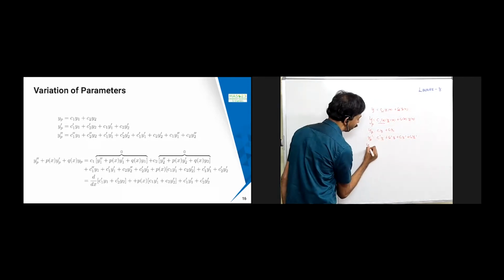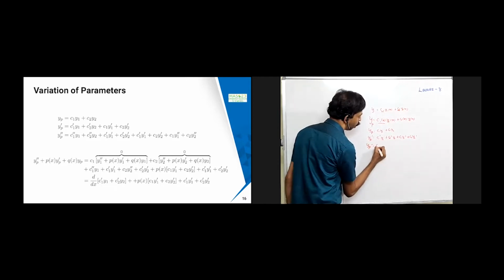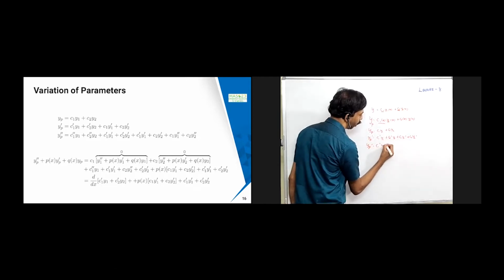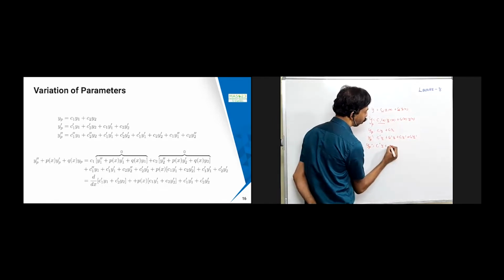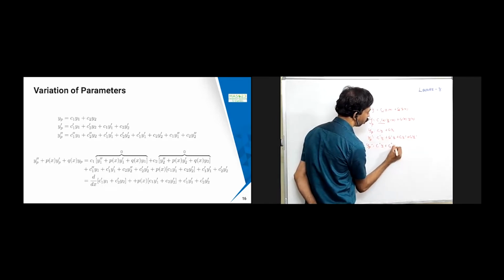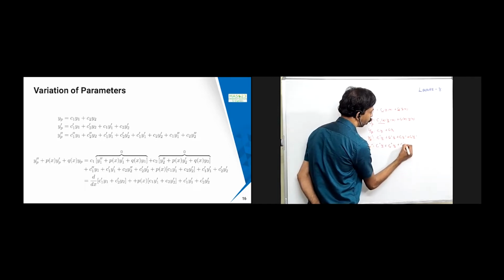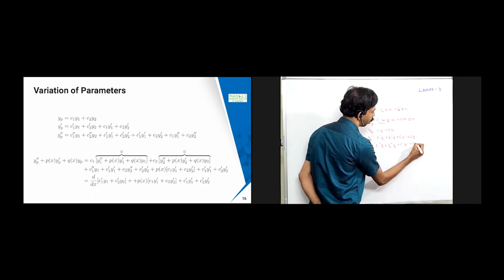Now yp double dash is going to become c1 double dash y1. First I will complete the first variable and then the second variable. c1 double dash y1, c2 double dash y2, plus c1 dash y1 dash plus c2 dash y2 dash.